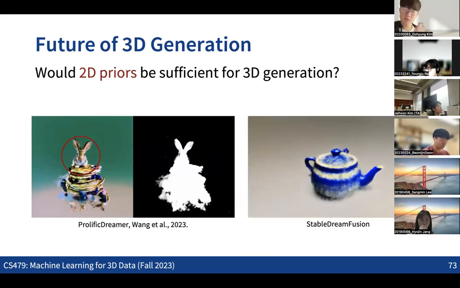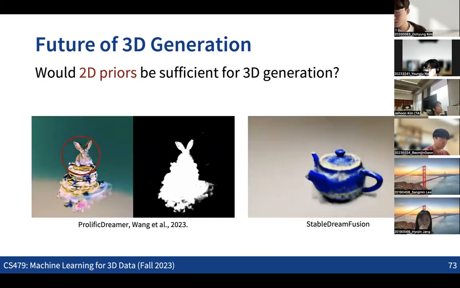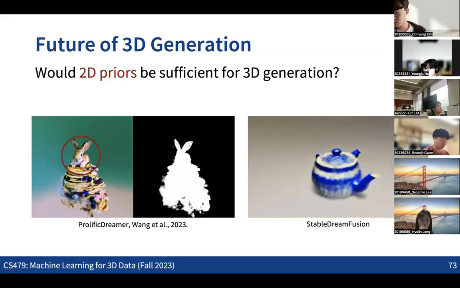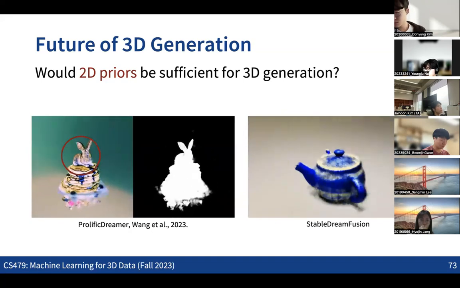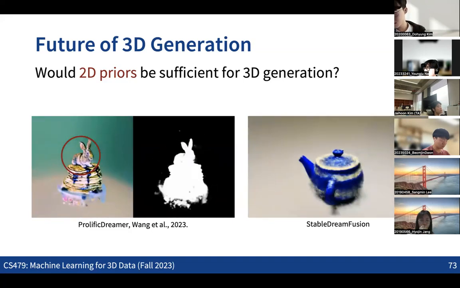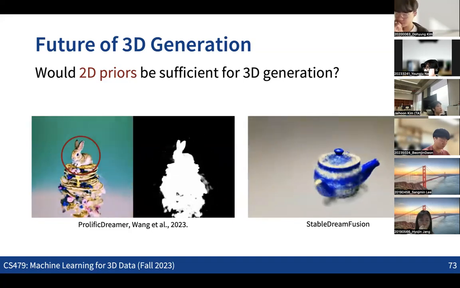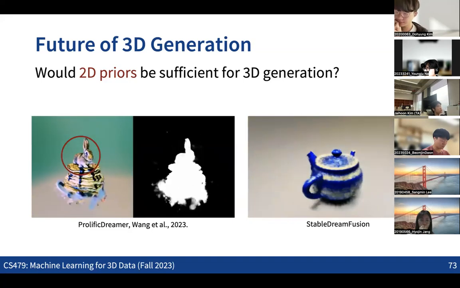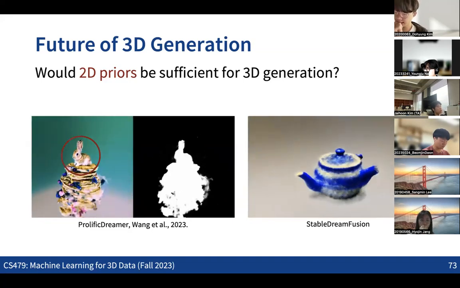So we only have prior information about realistic 2D images, but have not utilized any prior information for realistic 3D models. And this lack of 3D priors, the prior for realistic 3D shapes, is what makes these failure cases.